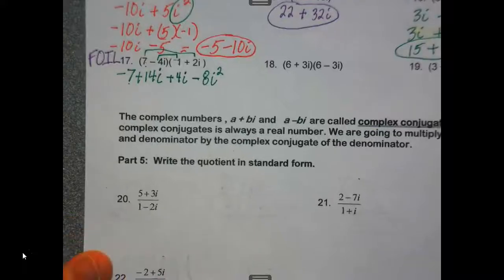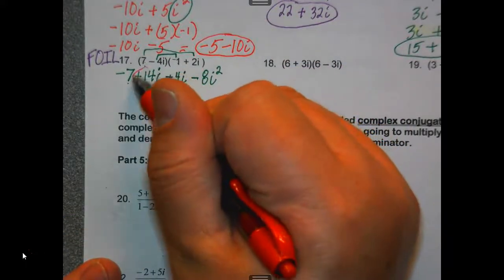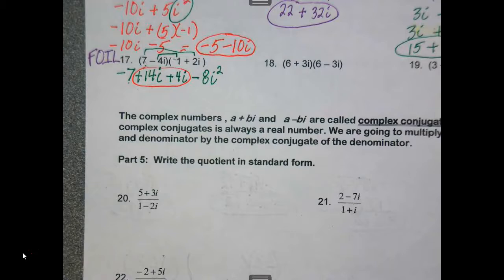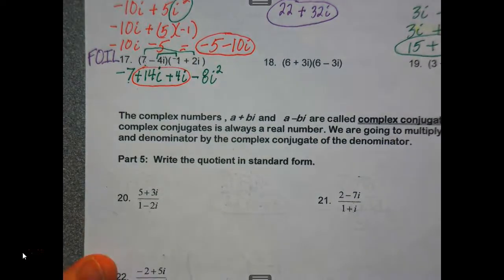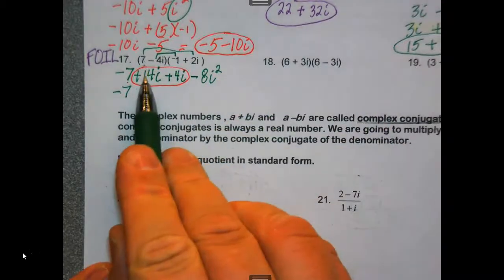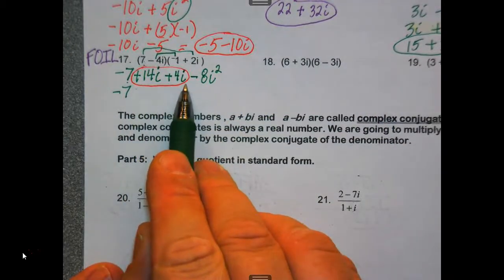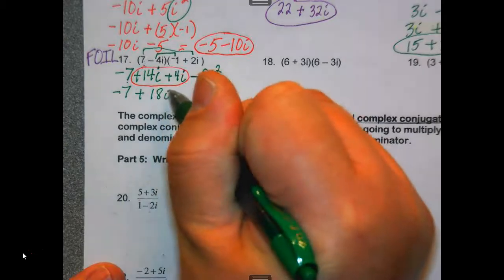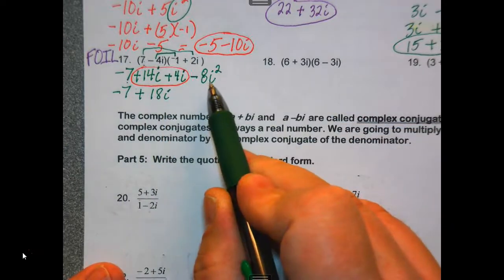Yep. Now, when you use FOIL, you're always going to have the middle term to combine, right? So I have negative 7, positive 14i plus 4i is positive 18i. And what happens to my minus 8i squared?